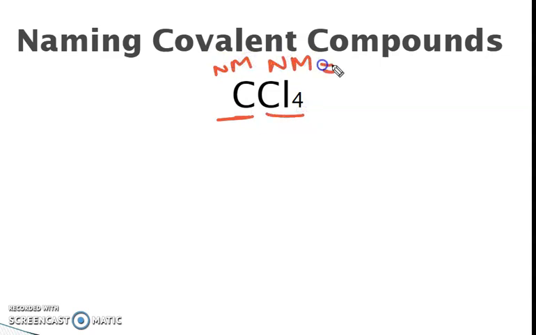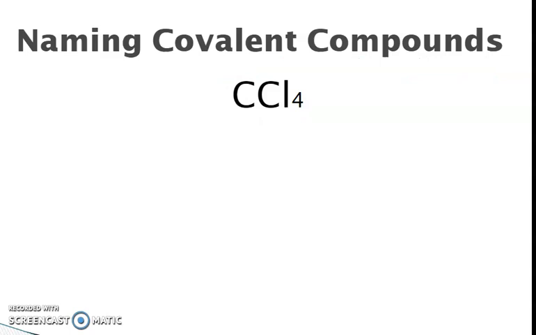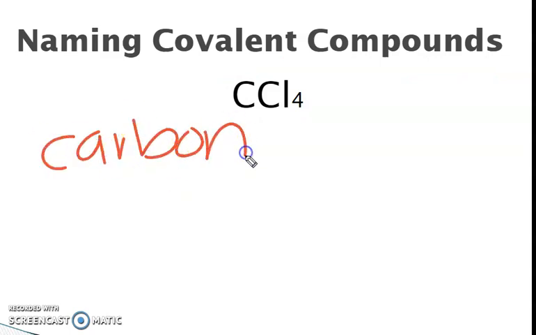So since it's 2 nonmetals, we know it's covalent. Okay, and if it is covalent, then we know that we are going to use prefixes. Okay, so let's look here. The first element we have is carbon, so it's simply going to be carbon.